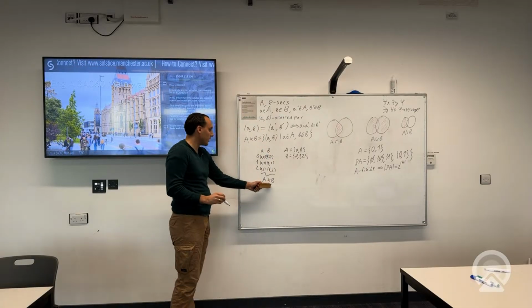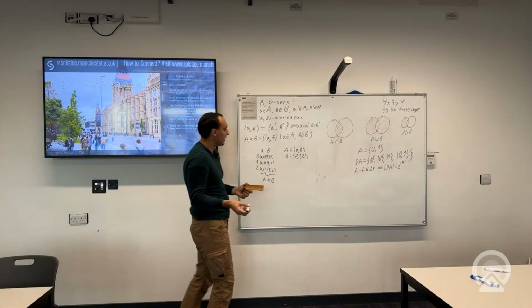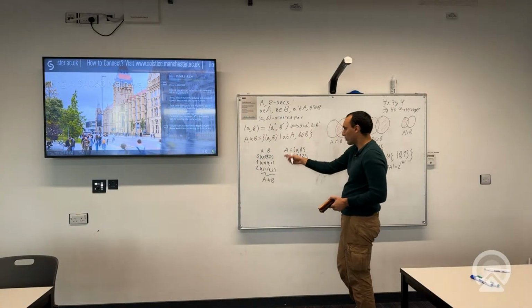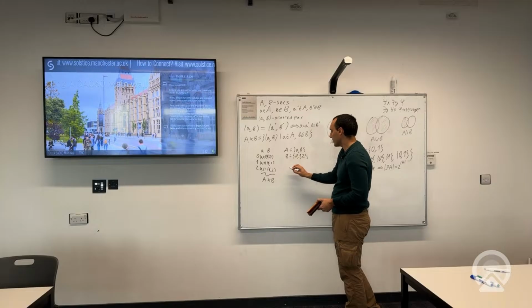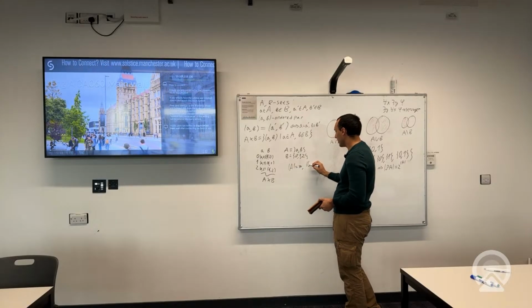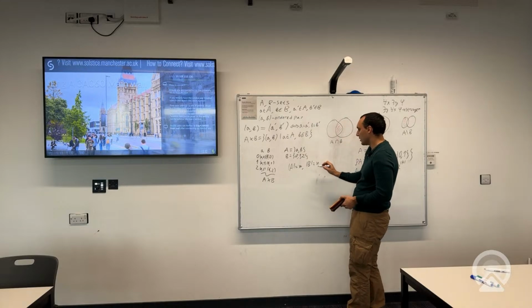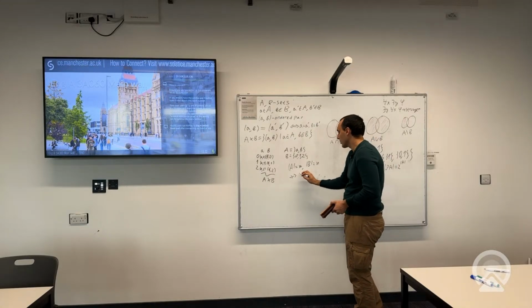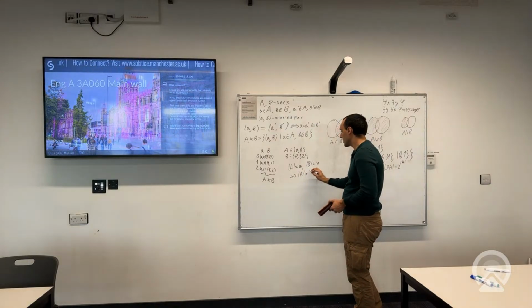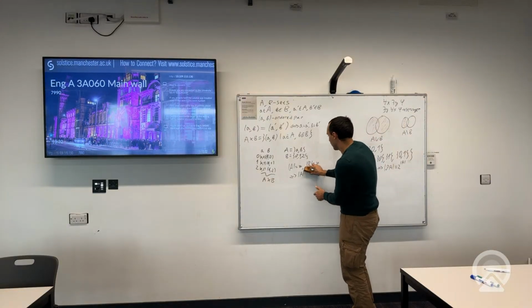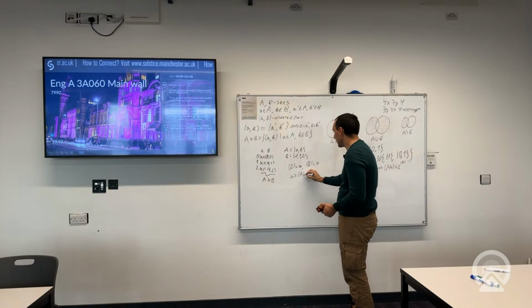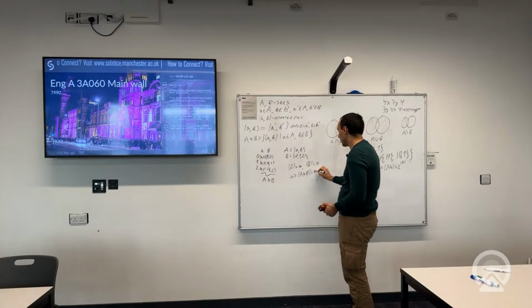It is denoted by a product because the number of elements is the product of the number of elements in each set. So if A has n elements, the number of elements in A times B is A times n.